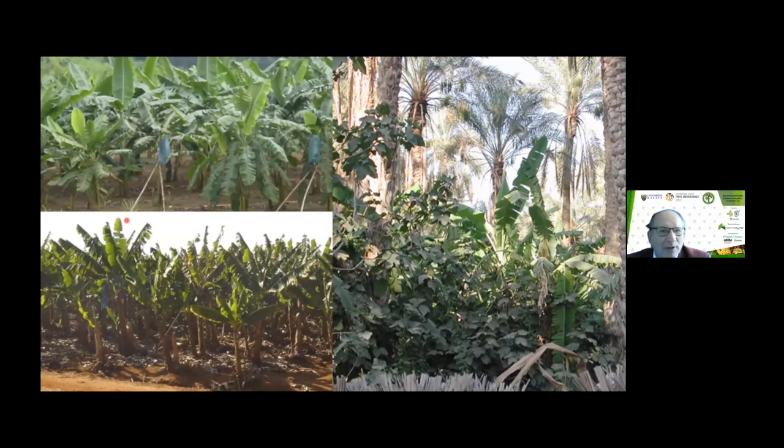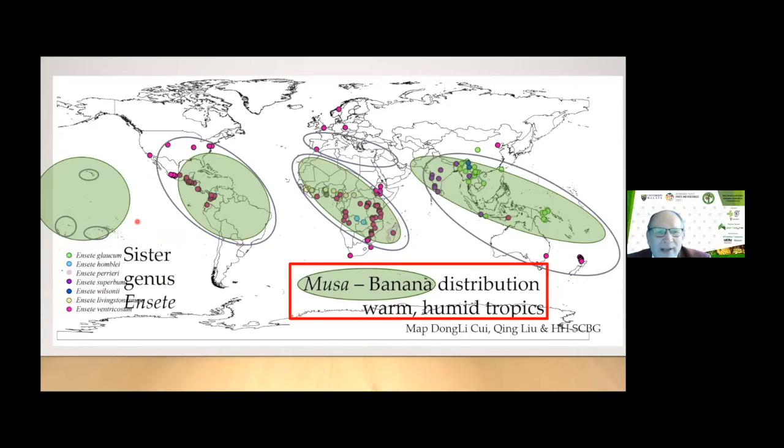And here's an example of commercial crops on the left, and smallholder systems where the banana is grown underneath date palm in this case, and above various herbaceous species like yams and legumes underneath.